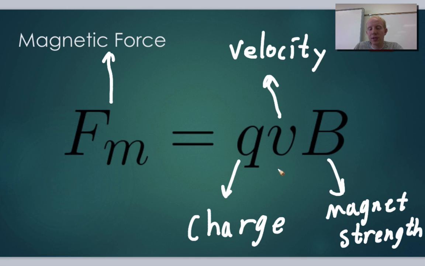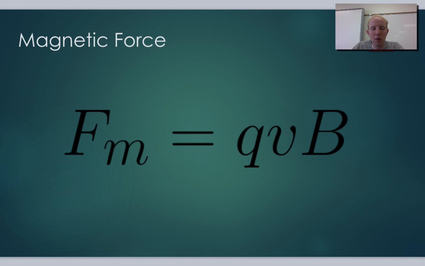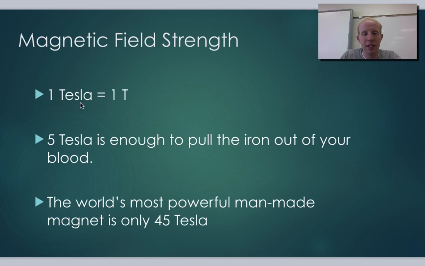Before we get into an example problem, let's talk about this magnetic field strength, big B. When we describe magnetic field strength, we measure it in what's known as Teslas. So a 1 Tesla field is a way we could describe how strong a magnet is. But keep in mind, just like 1 Coulomb was way too big, 1 Tesla is way too big by far.